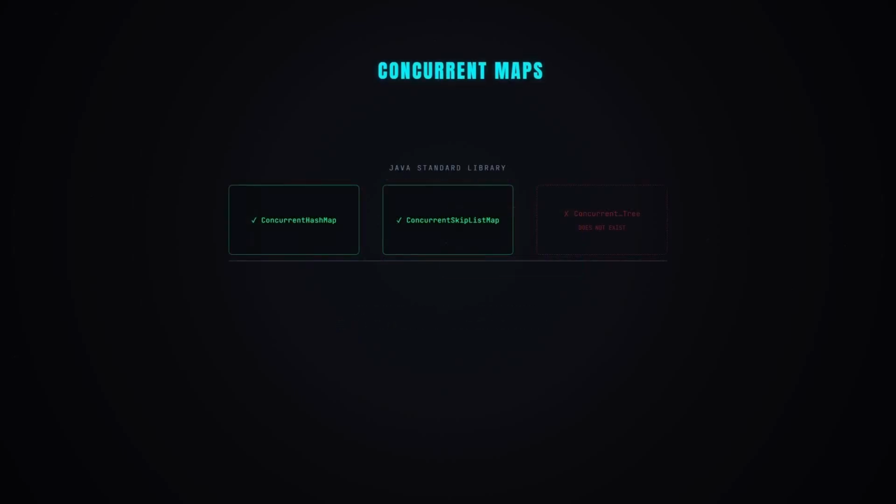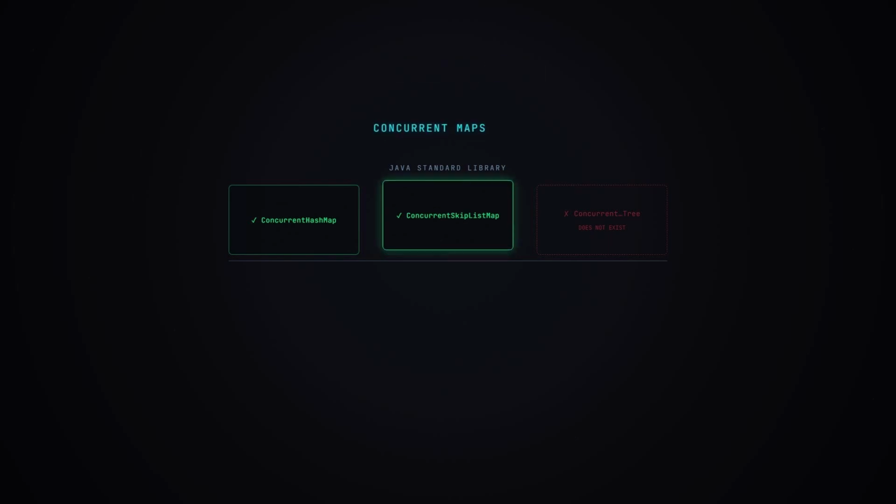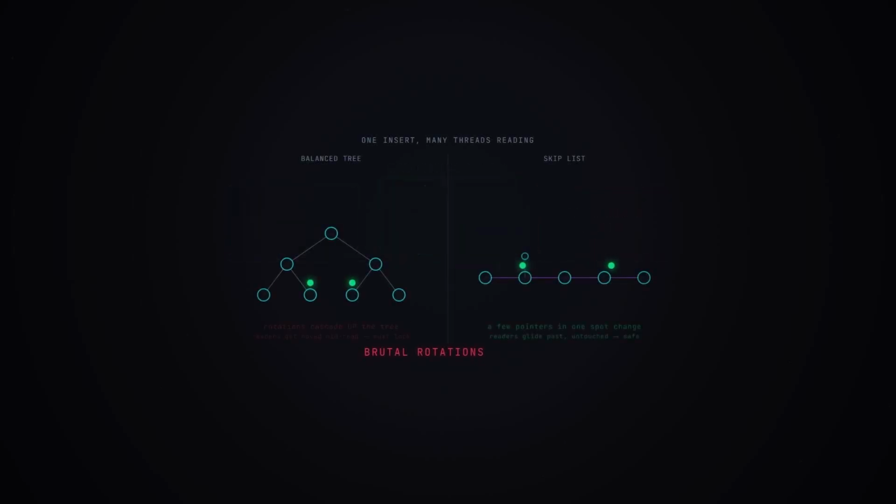Then there's Java. And here's the strange gap I mentioned near the start. The standard library ships a concurrent hash map and a concurrent skip list map. There is no concurrent balanced tree in there at all. That's not laziness. Keeping a balanced tree correct under many threads is brutal, because one insert can set off rotations that cascade up the tree, moving nodes around while other threads are reading them.